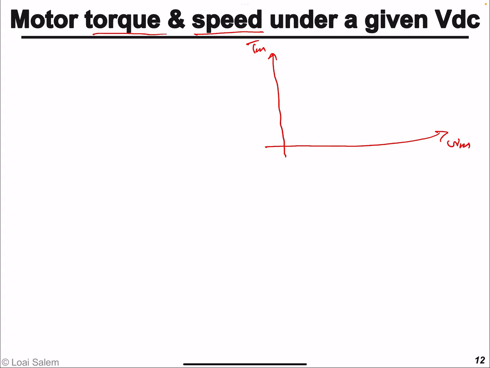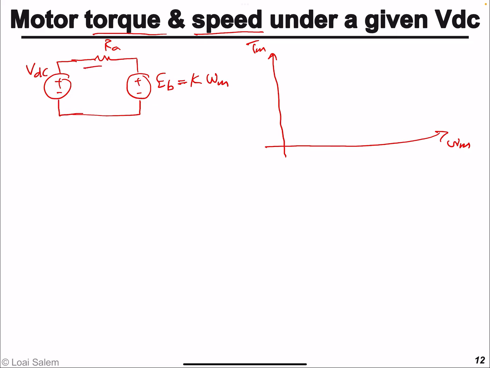Well, from the equivalent circuit that I just plotted, we said that EB is equal to K, the motor constant, multiplied by its angular velocity. Under steady state operation, we can replace the armature equivalent inductance by a short circuit. Then we have the applied DC voltage across the DC motor, and then we have its DC current IA.